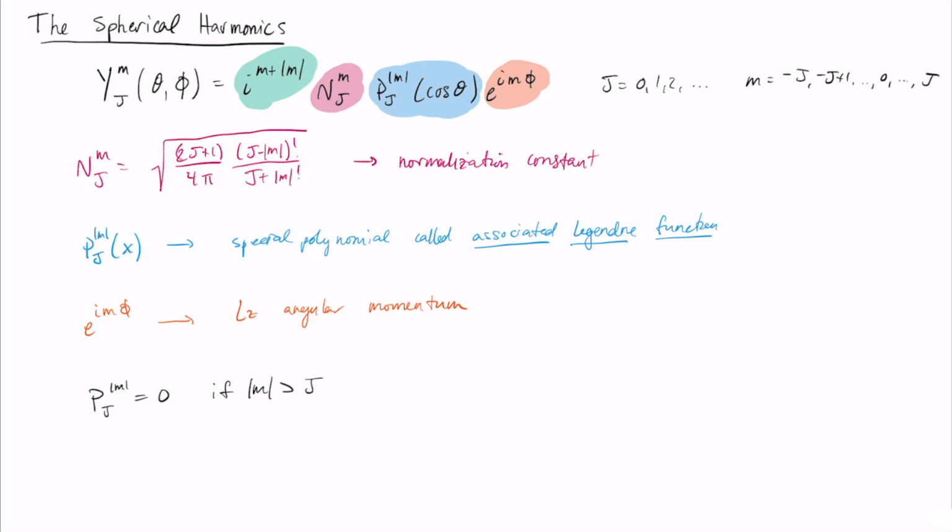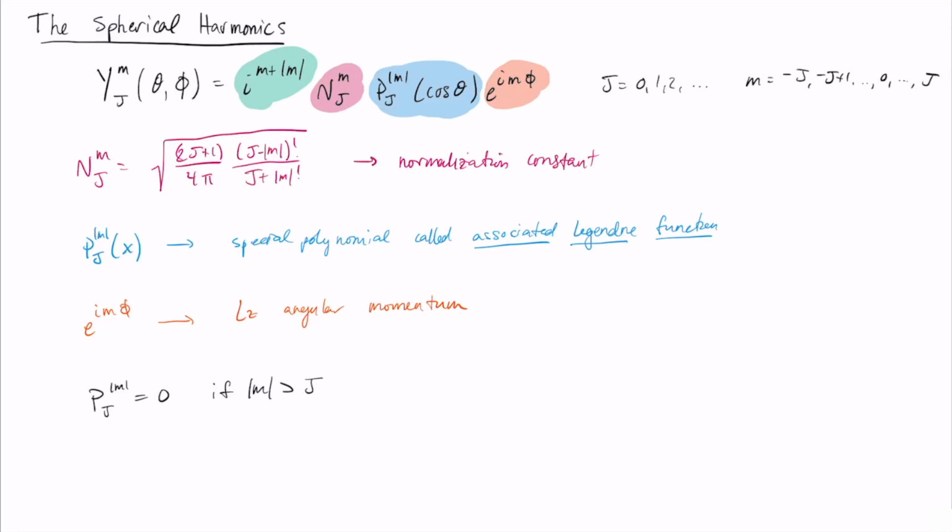Remember, j starts from 0 and upward, and then these special functions end up being identically 0 if the absolute value of the number in the upper argument is greater than j. And this is the reason why we end up with this condition over here, where the m can only go from minus j up to j, right?